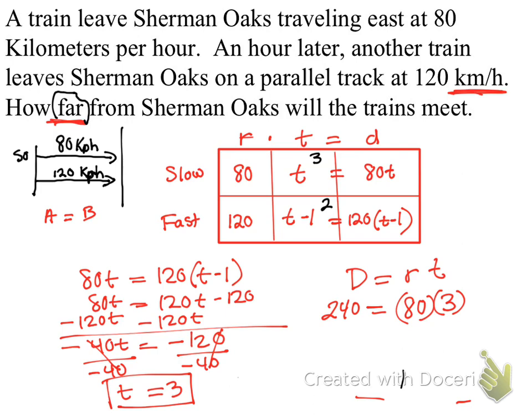But if it's distance, it's just going to be 240 kilometers. See how sneaky that was? We solved for t. Once I found t, I had the ability. So the one thing you always have to do is go back and ask yourself, what are they asking me?